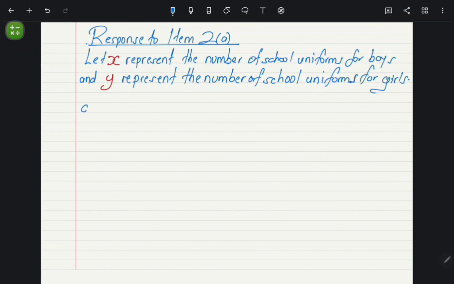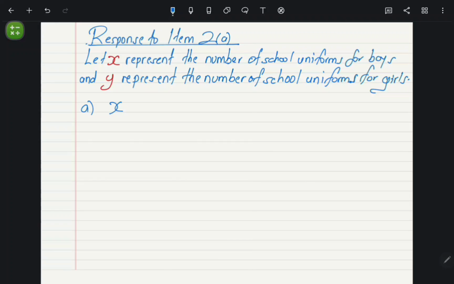So we are going to come here and then we are going to say A, and then our A will be X, which represents the number of uniform for boys, and they are telling us she makes at least 80. So that means 80 and above, and 80 and above can be represented using greater than or equal to, meaning that she cannot make less than 80 uniform, but she makes either 80 uniforms or above 80 uniforms.